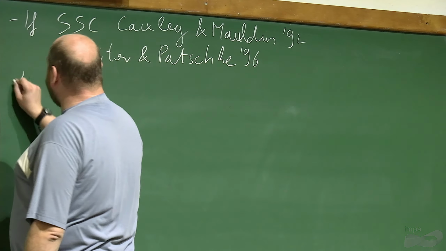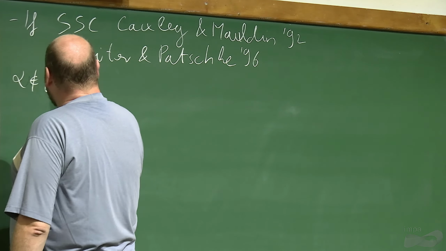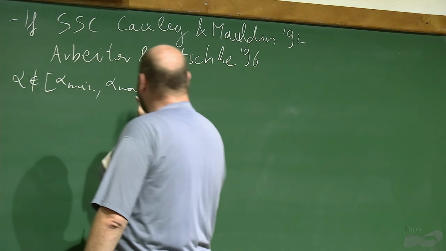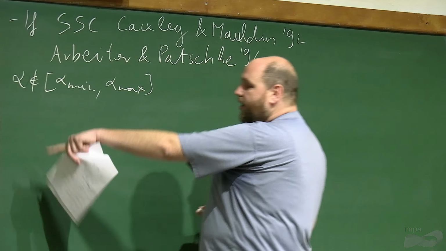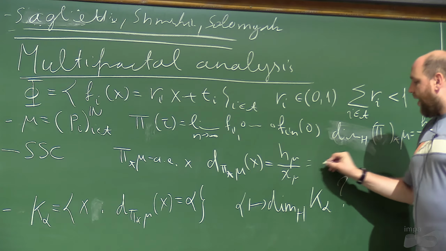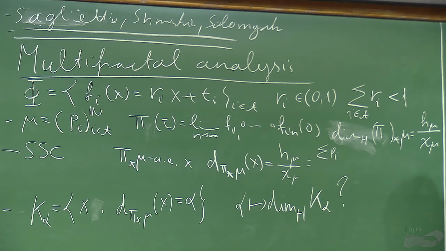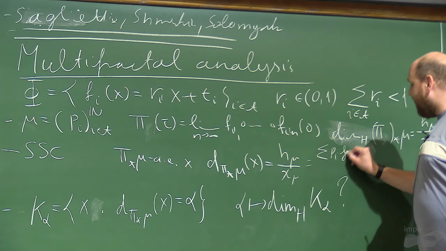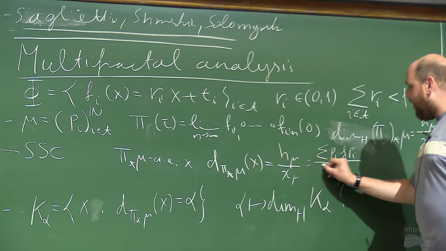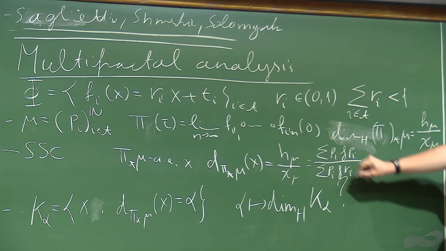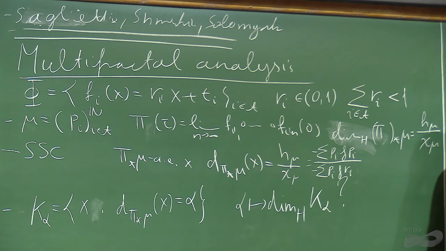Because, first of all, there are certain values, alpha min and alpha max, which are natural values, right? I am about to define this alpha min and alpha max. So what are these certain values? This is the entropy over the Lyapunov exponent, by definition in this case.